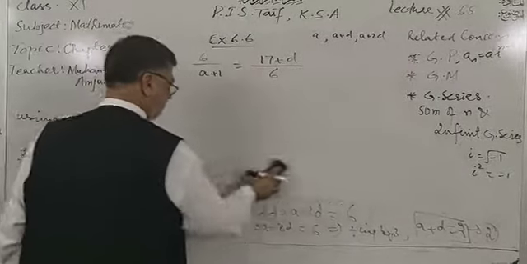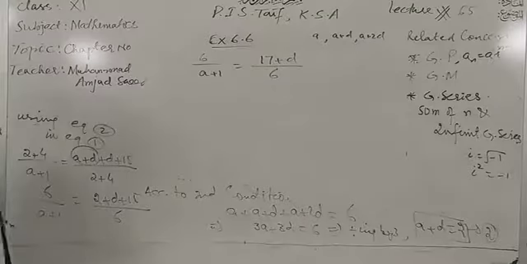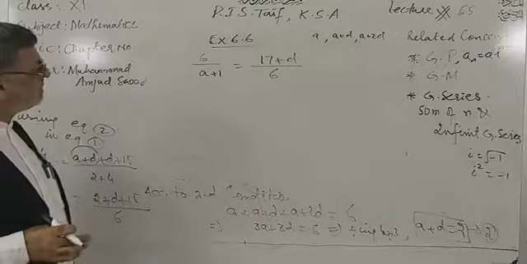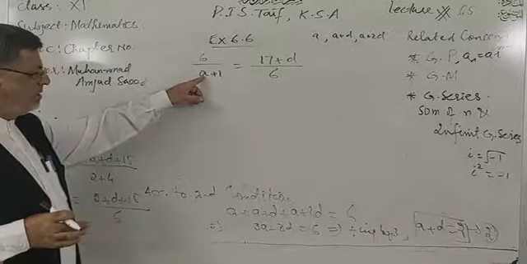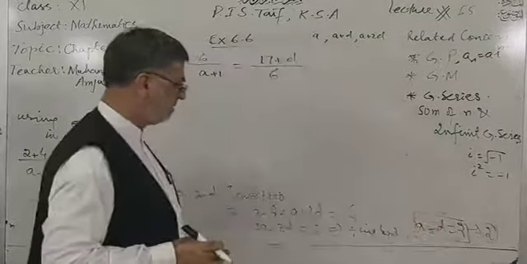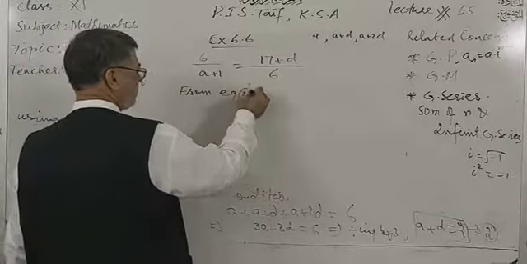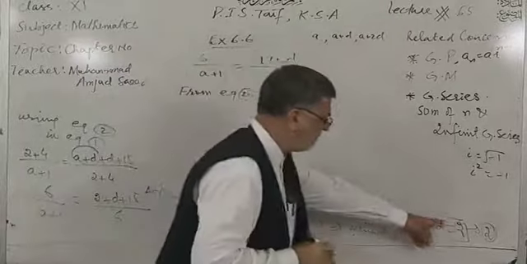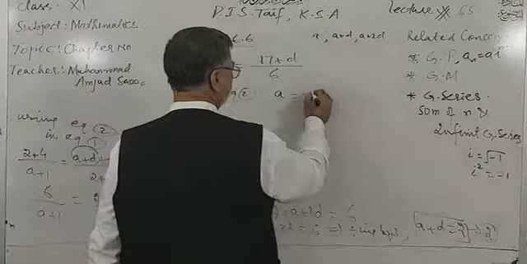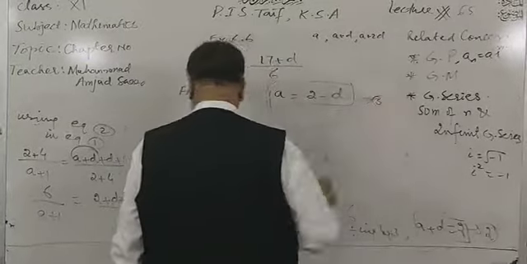Now from equation 2 you can find the value of A even. In this way you will have only one constant, that is D, and you will find the value of D. From equation 2, A plus D was 2, so A is equal to 2 minus D. This can be equation number 3.